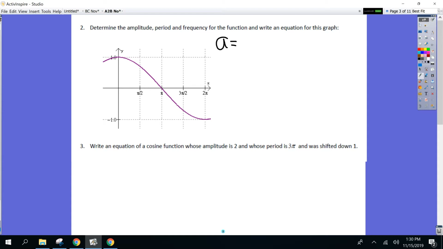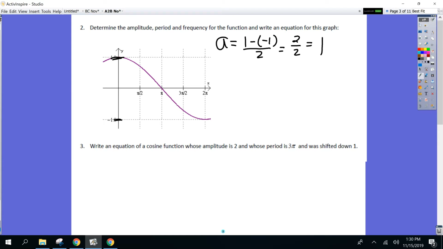Just humor me here. What is the max? 1. Minus, what's the min? Negative 1, over 2. What do I get on top? 2 over 2. So what's my A value? 1. So we don't have to keep doing this over and over: anytime the positive and the negative values are the same, that's the amplitude. In this case, it's 1.